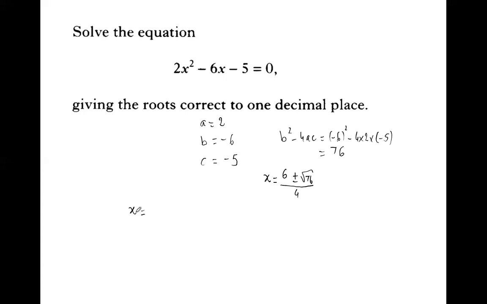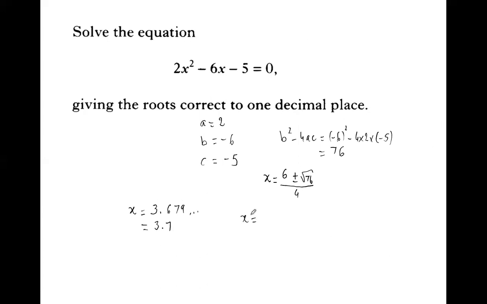So 6 plus root 76, close bracket, divided by 4. So I get 3.679. To 1 decimal place, that would be 3.7 for my first one.